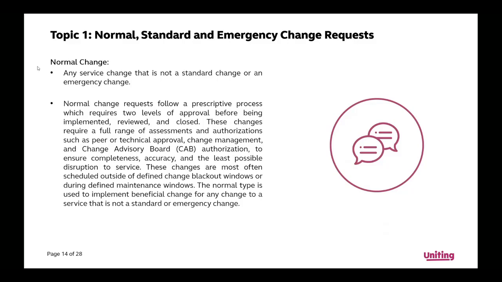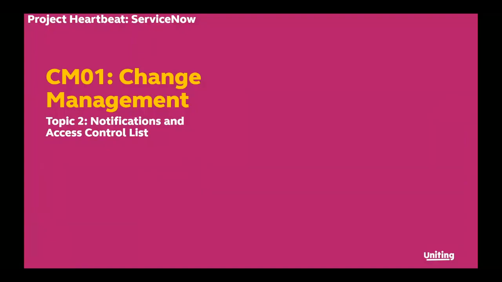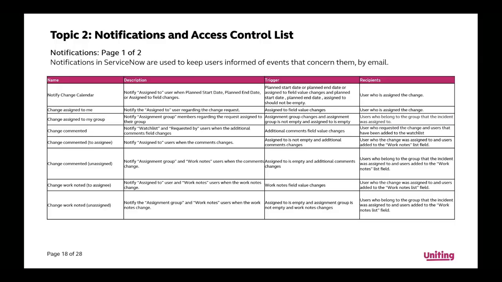So let's move forward and learn a bit about notifications and access control lists. With ServiceNow, the users will have the benefit of automatic notifications sent via email to the recipients. And we have mentioned different scenarios here, showing what sort of trigger will happen and who will be the recipients of the notification.